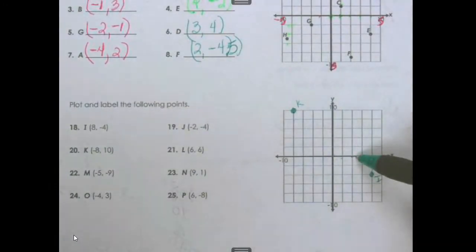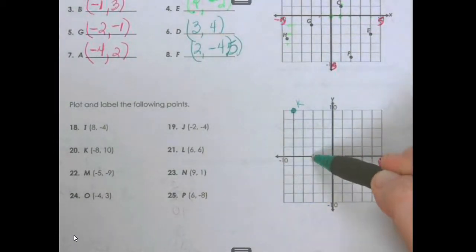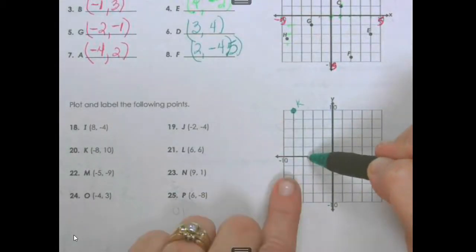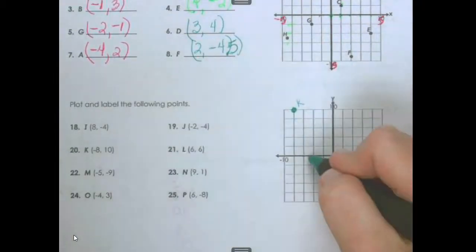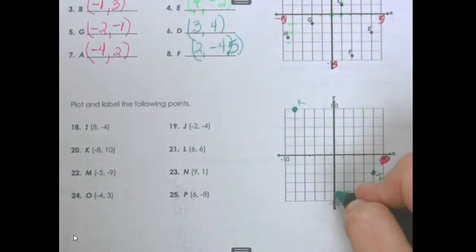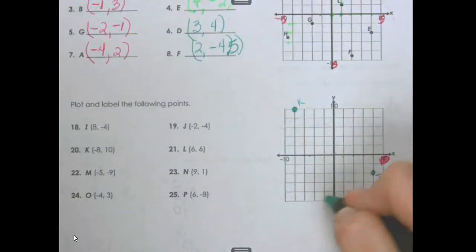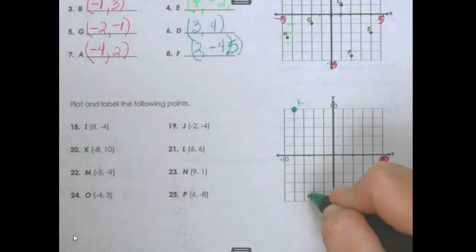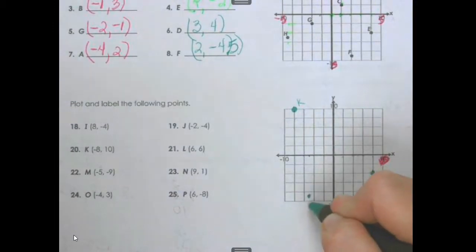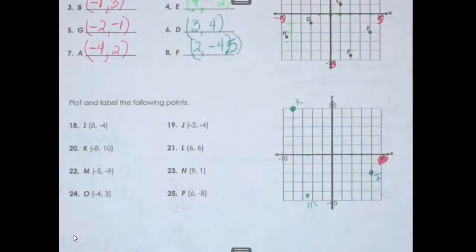So it's going to be here, actually on this side. 2, 4, 6. So it's going to be right in the middle, and then negative 9. 2, 4, 6, 8, 9. So it should be right here in the middle, and this is M.